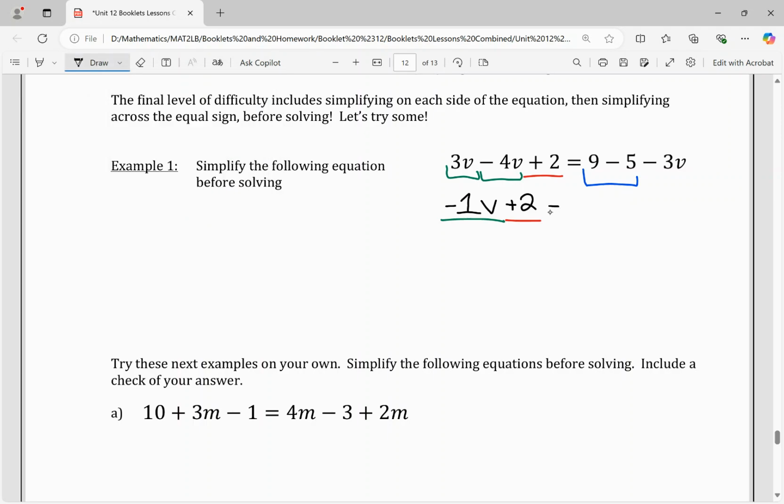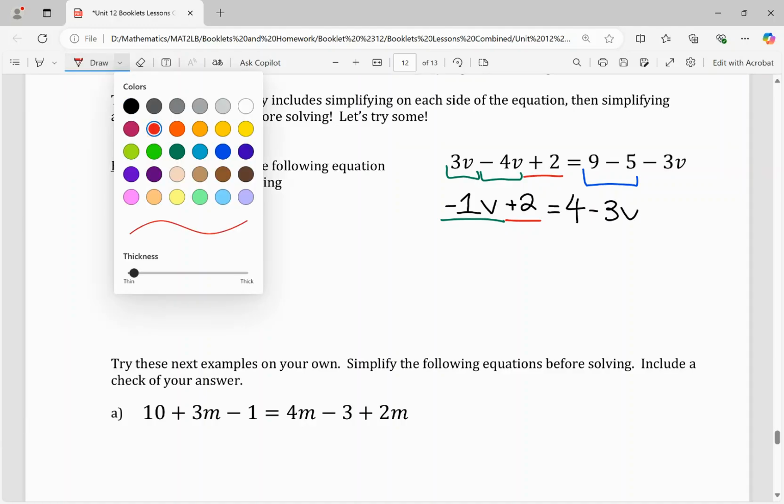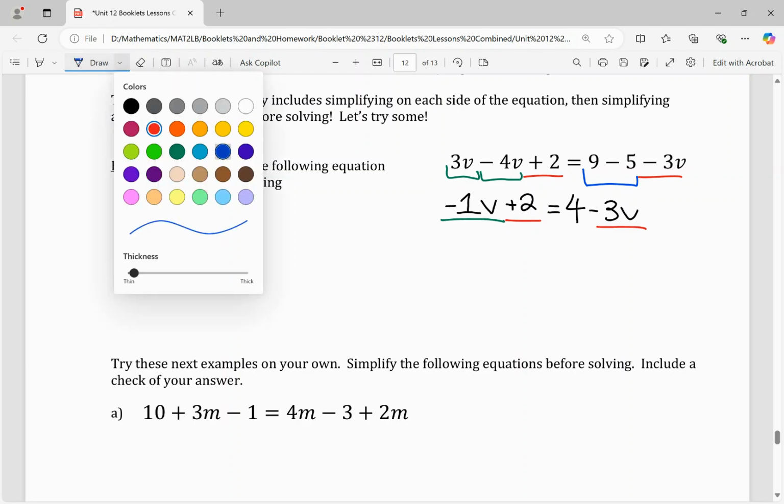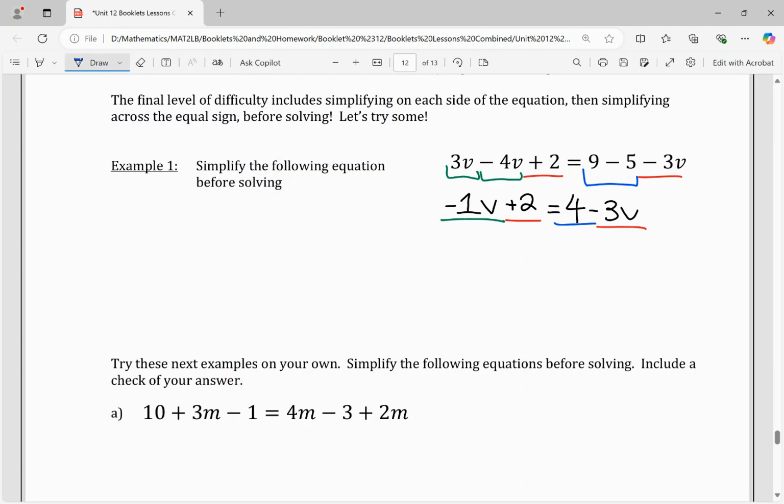On the right-hand side of the equal sign, we have 9 minus 5, which is equal to 4, and the minus 3v just hangs out. So that came from there, and the 9 minus 5 made the 4. So hopefully that makes sense on how we have simplified.